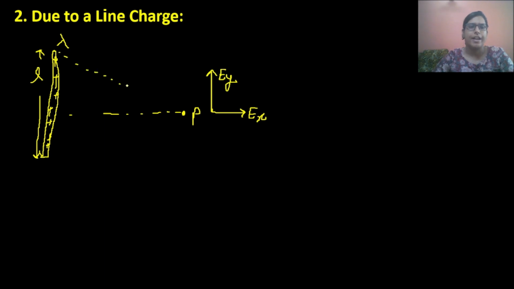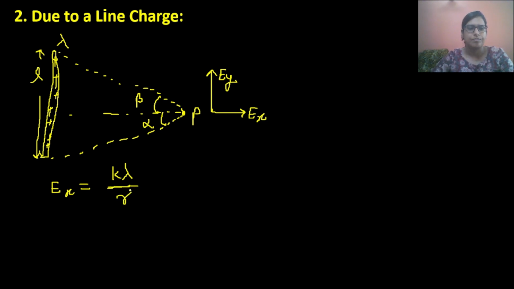If we join the ends of this line charge and if this angle is alpha and this angle is beta, then the electric field in x direction will be k lambda upon r, sin alpha plus sin beta.